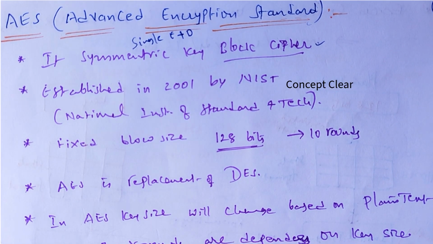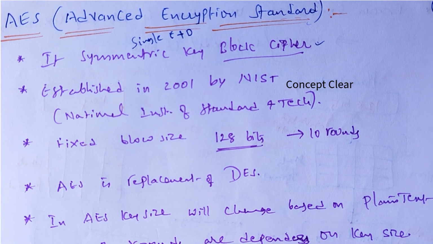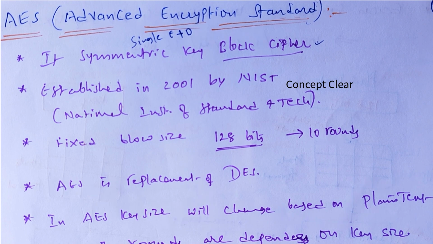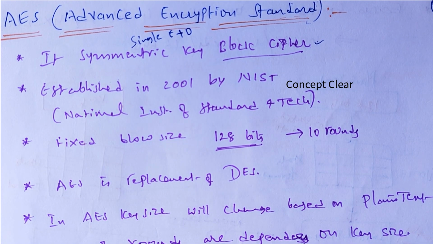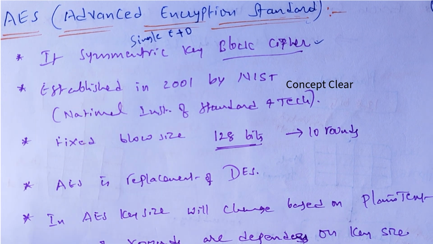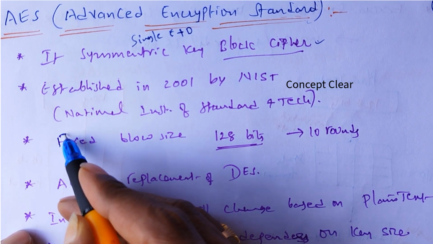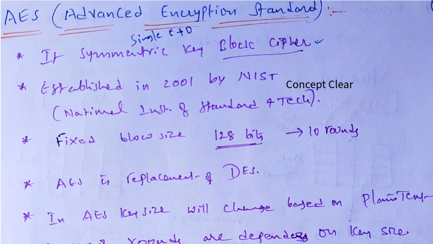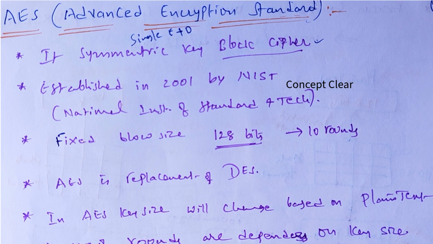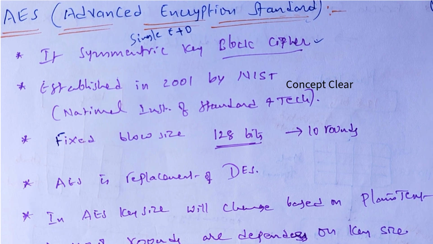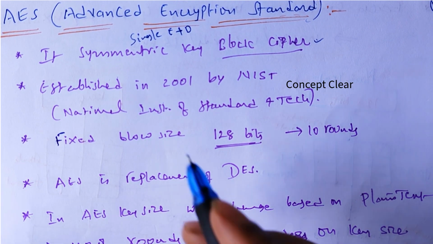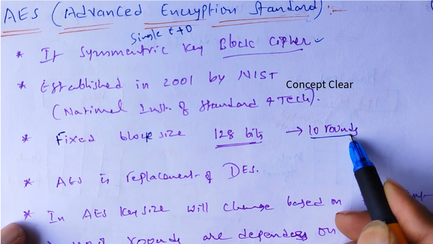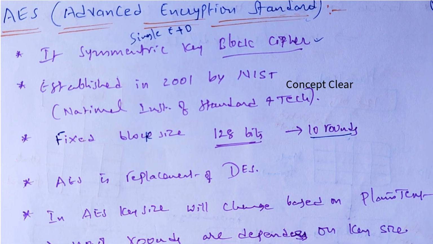Next, the AES algorithm was established in the year 2001 by the National Institute of Standards and Technology. The AES algorithm contains a fixed block size of 128 bits, and it will perform a total of 10 rounds of round operations.